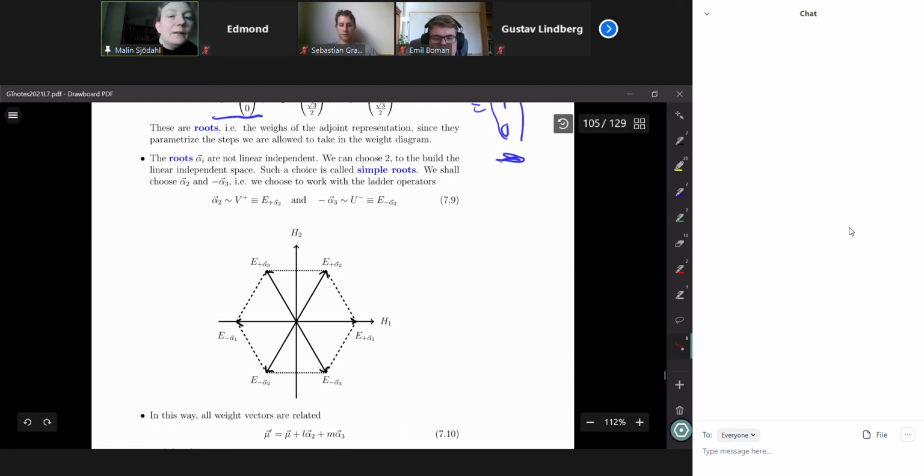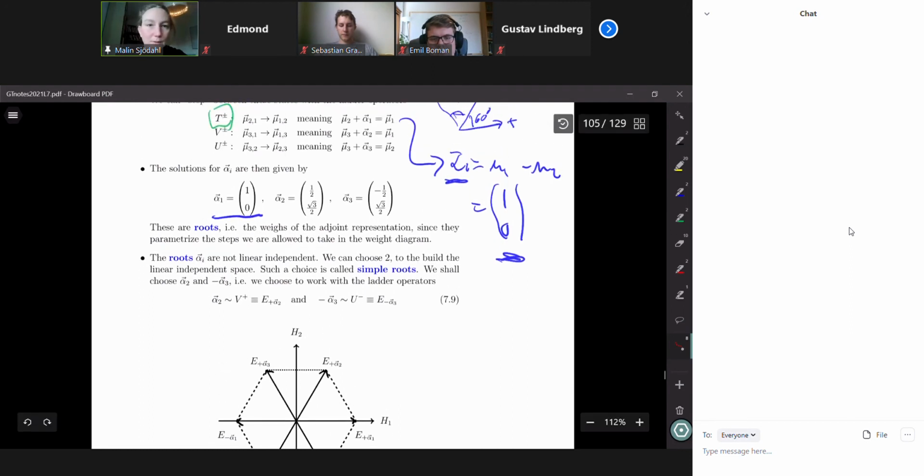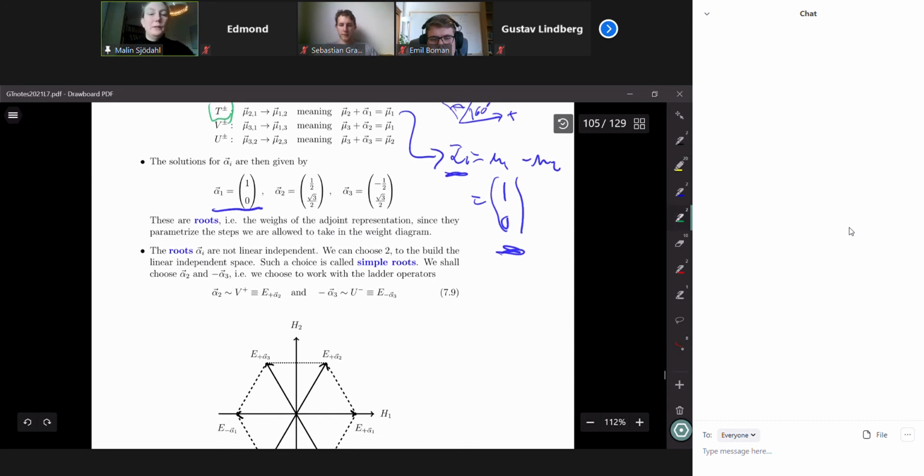So actually we take as our independent vectors alpha 2 and minus alpha 3. So alpha 2 we had from here, so that corresponded to v, so it's in the v direction. To be more specific, our e alpha 2 is here.